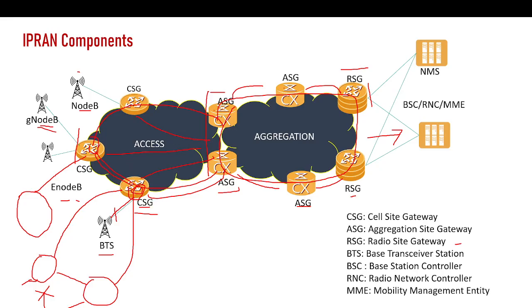So if you have a microwave equipment here and you also have a microwave equipment here, we can have a redundant connection. This is the primary link via fiber connection, the IP connection, and then we have another link through the microwave. So we can provide protection through the microwave link. That is true, and it's very common on service provider networks.